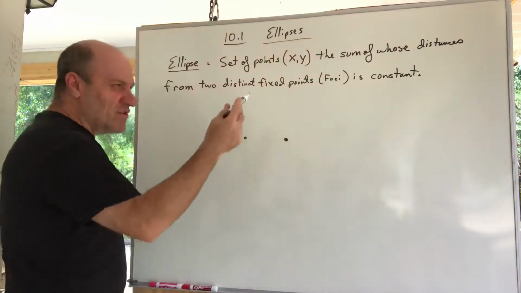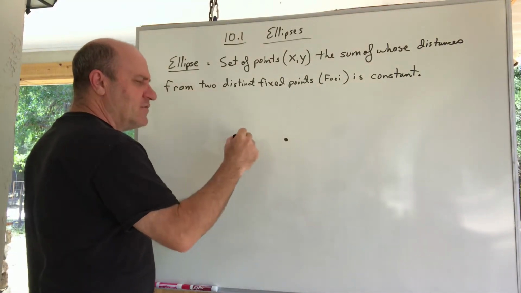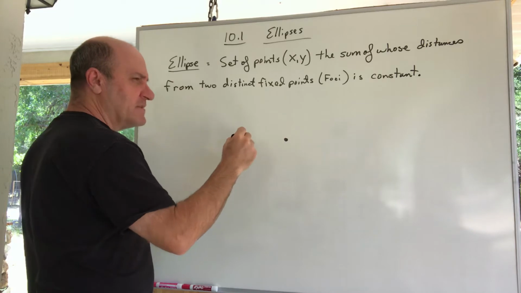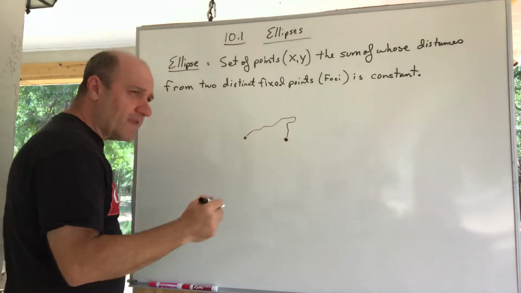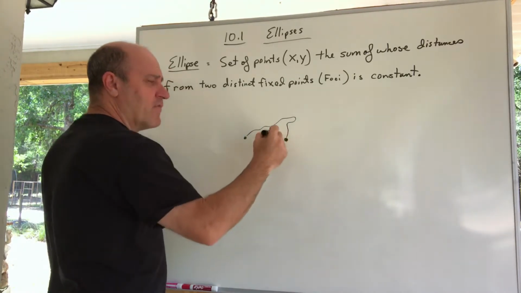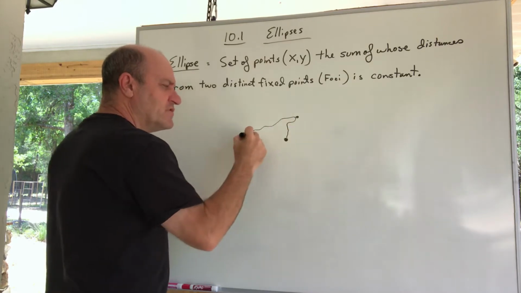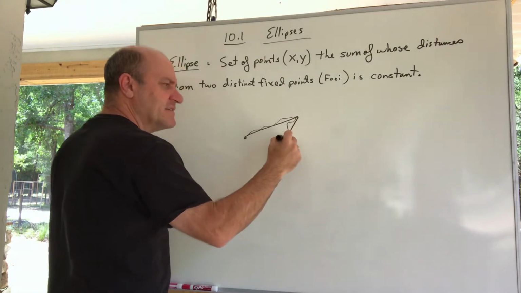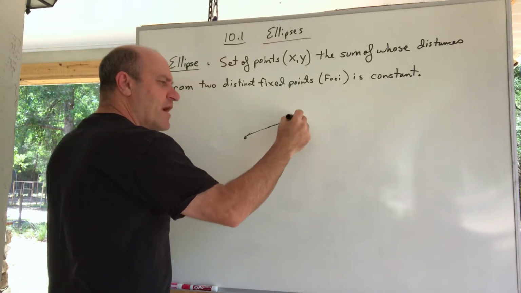So one way you can use this to construct an ellipse, and you might have heard this before, is you get these two fixed points and tie a loose string to them. You get a pencil, and I did this on the ground before. You pull the string tight, so that that distance and that distance is tight, and then you trace your way around.